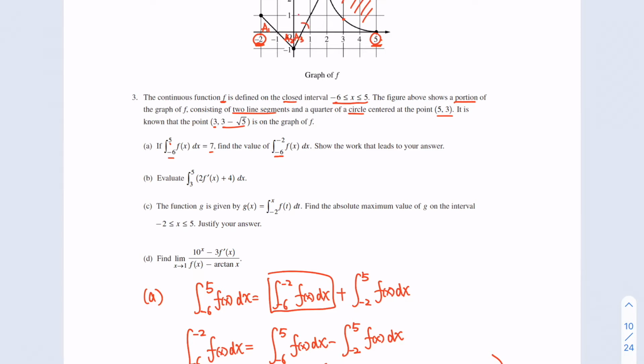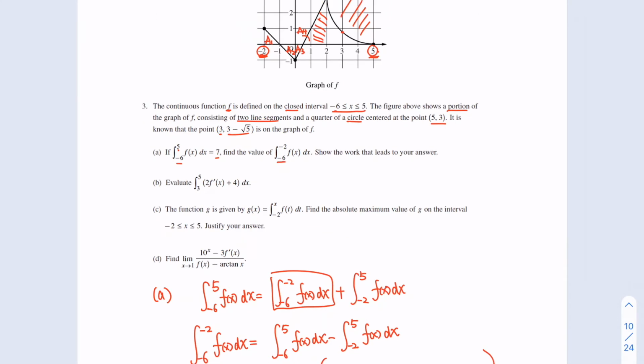A3 and A4, opposite sign, same value, cancel. Whatever is left is the trapezoid here: (1 plus 3) times height 1 divided by 2. That's the area there. Then we use the quarter of a circle to get the other area.